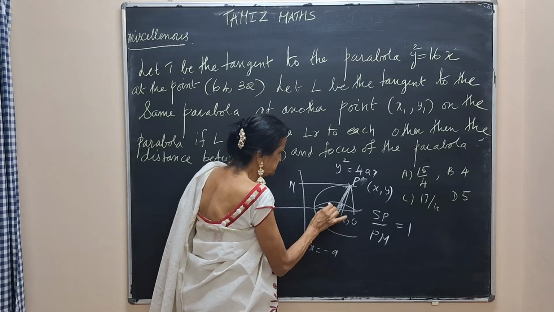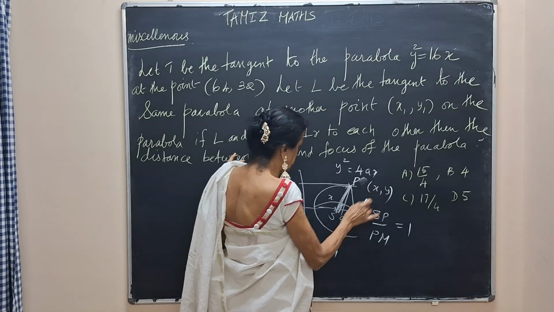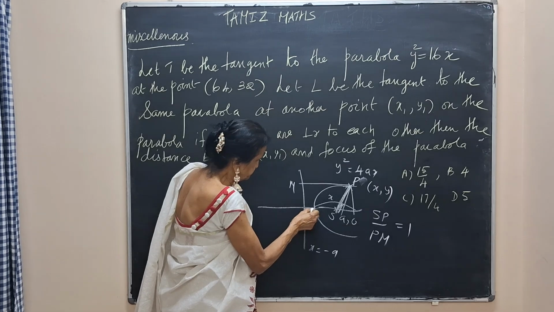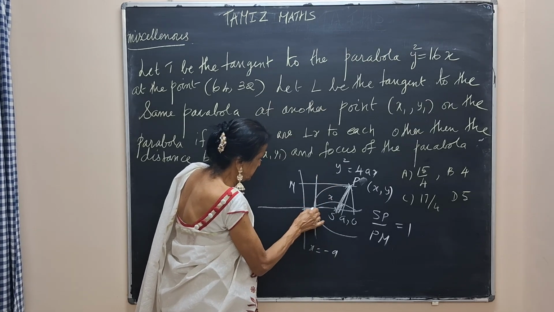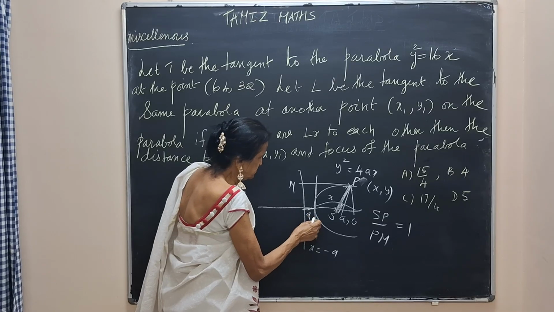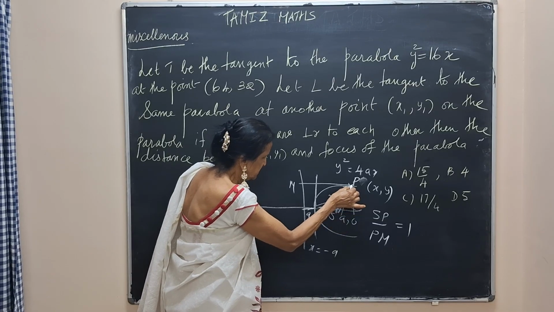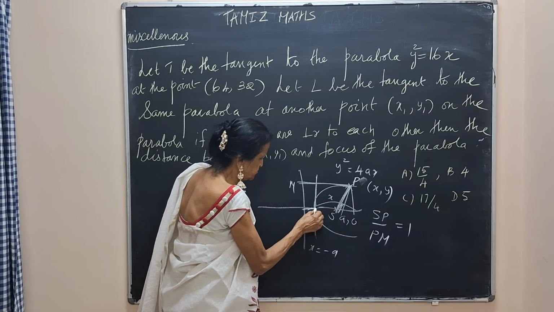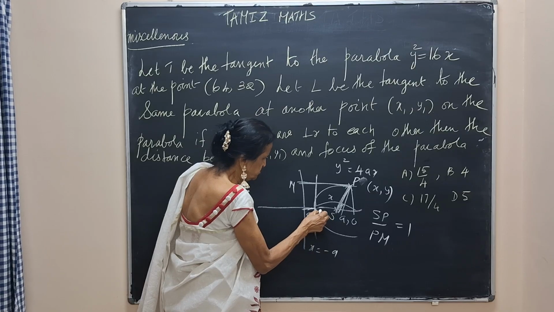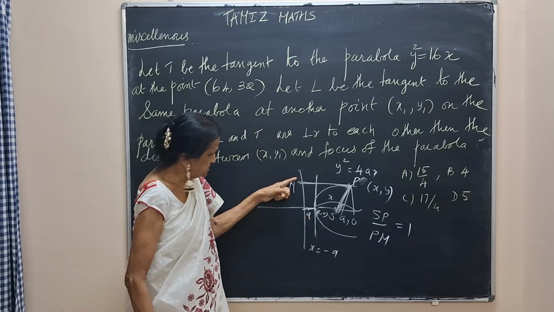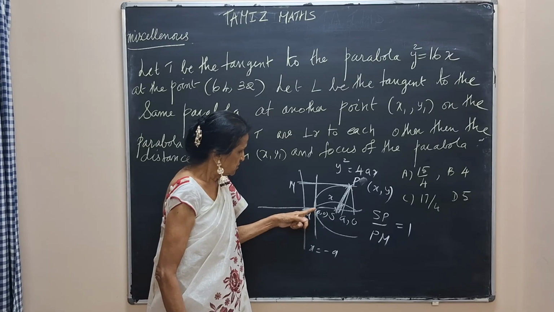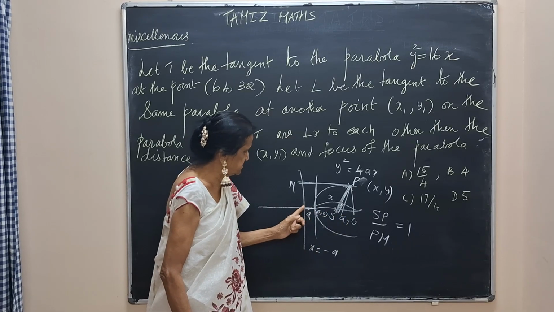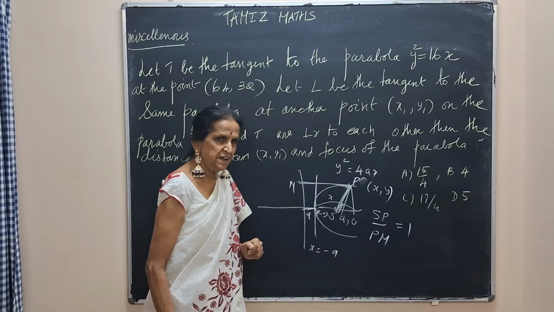This is x, because this point is (x, y), and this is a. This is the vertex, the origin actually. This is the line x equal to minus a. So this distance is x plus a. So SP will be x plus a.